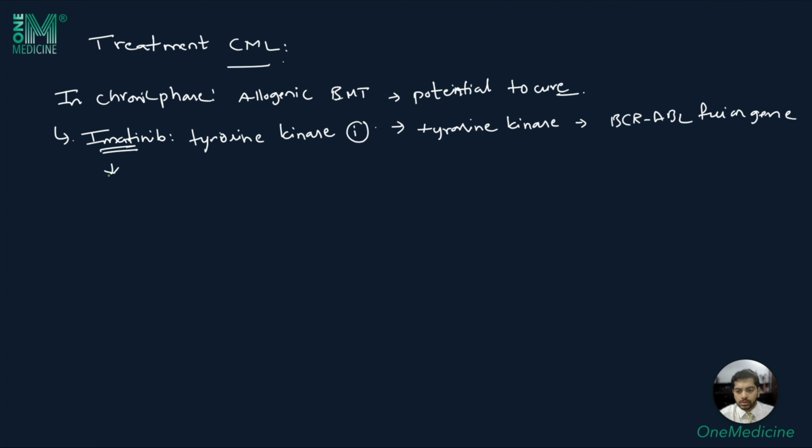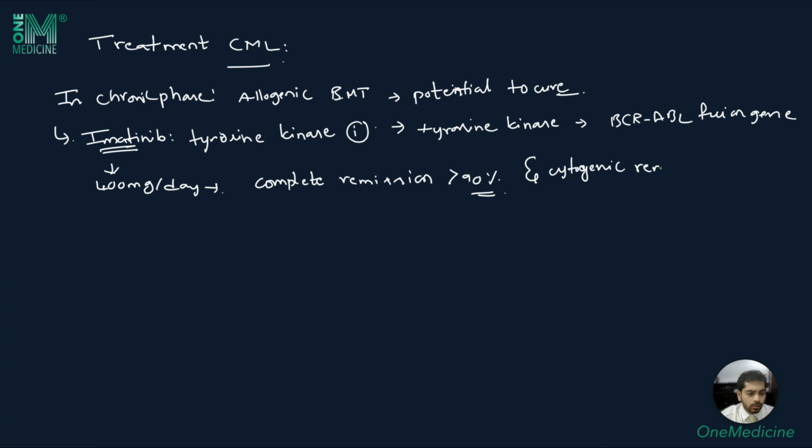Imatinib is given in the dosing of 400 mg per day, and it causes a complete remission in more than 90% of the patients and cytogenic remission in 76% of the patients. If a matched donor is available, then bone marrow transplantation is the best option.